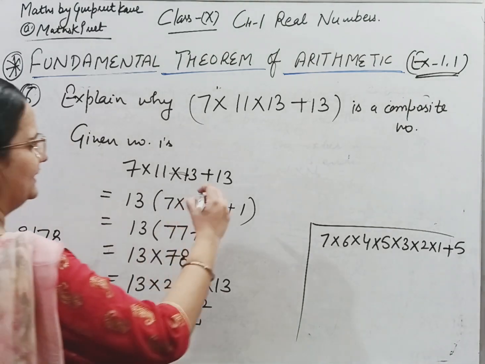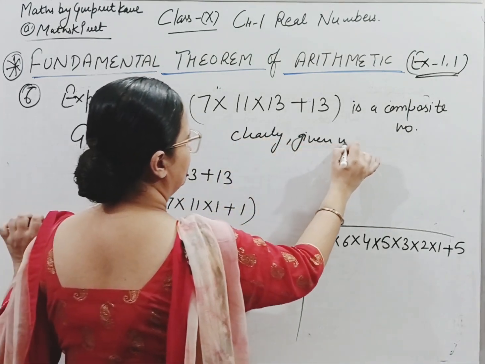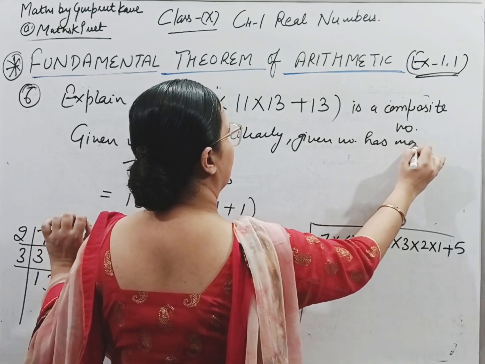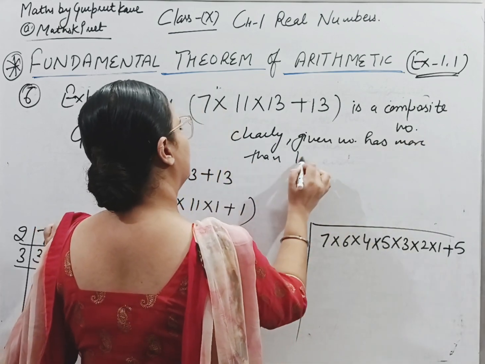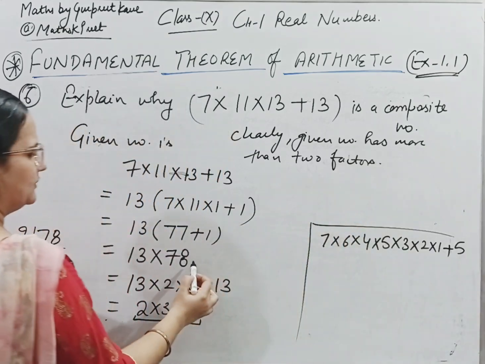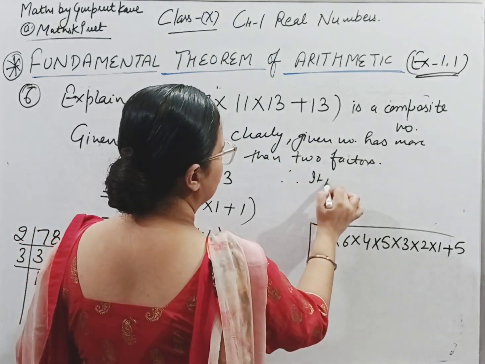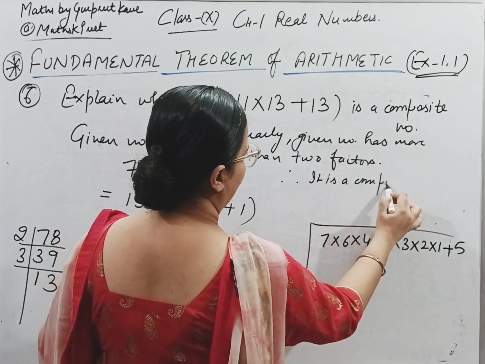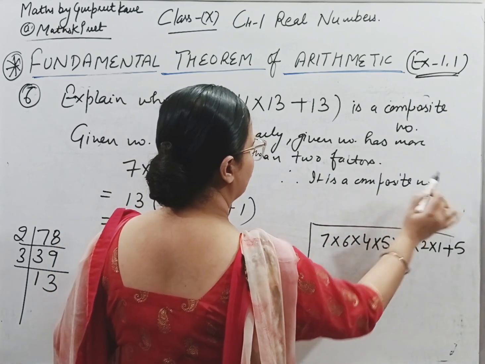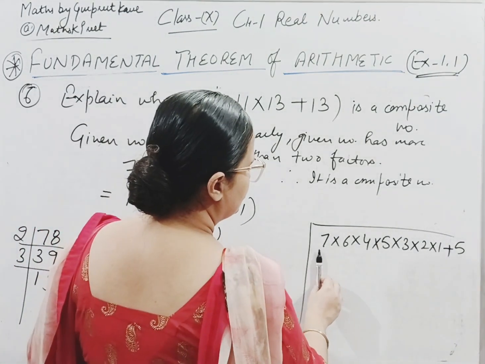So we can write it like, clearly the given number has more than 2 factors. Right? It was very clear from here also. So the given number has more than 2 factors, therefore it is a composite number. Proved or explained.